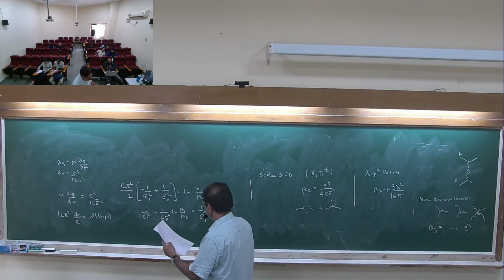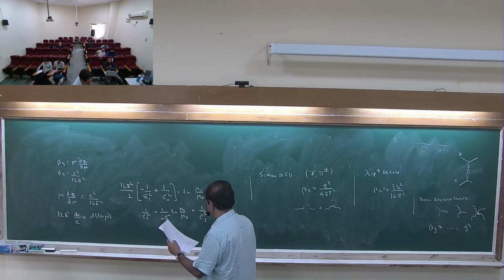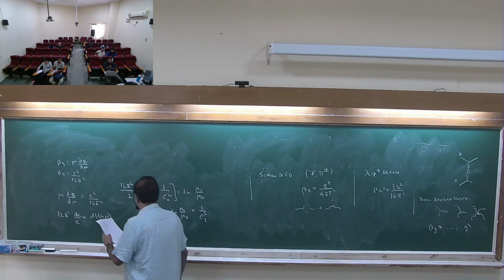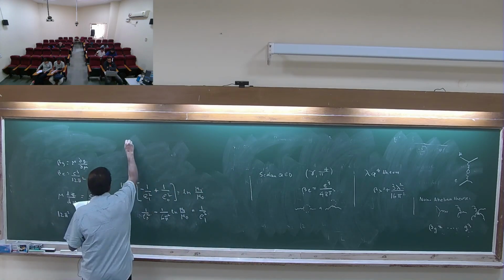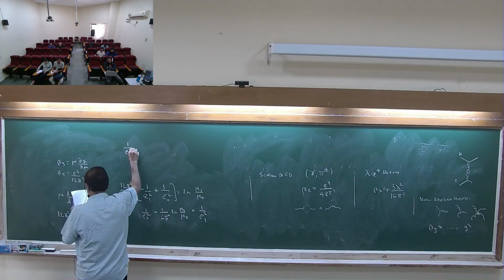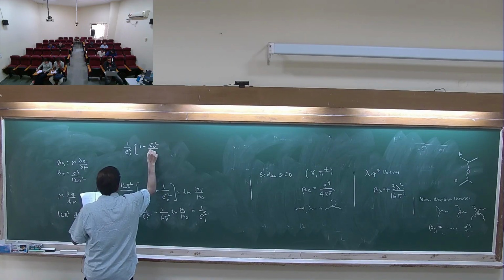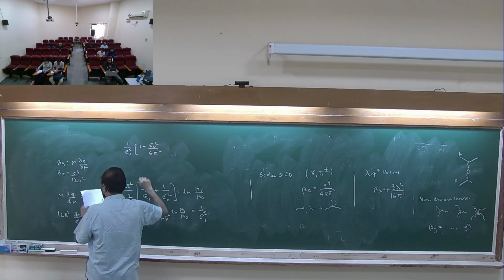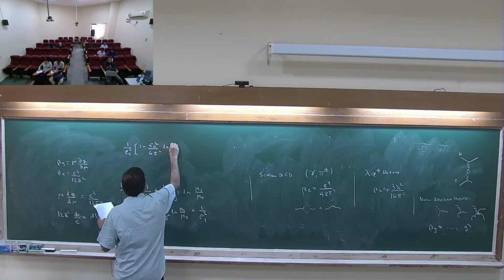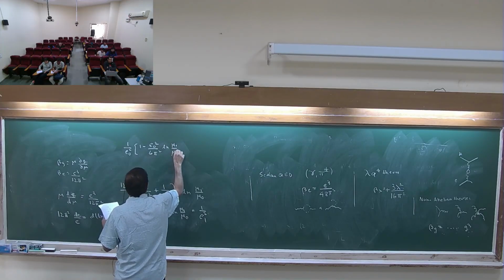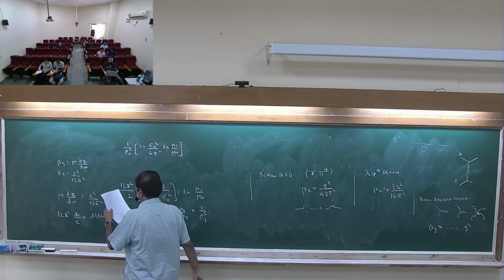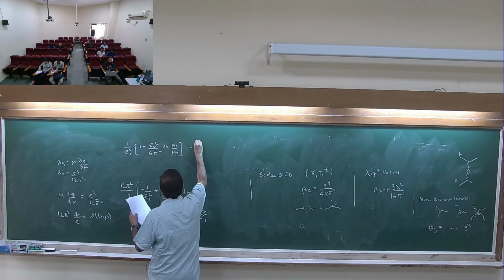Okay, no mistakes so far, I hope. So one way of writing a solution to this is 1 by E naught squared times 1 minus E naught squared by 6 pi squared logarithm of mu 1 by mu naught is 1 by E1 squared.